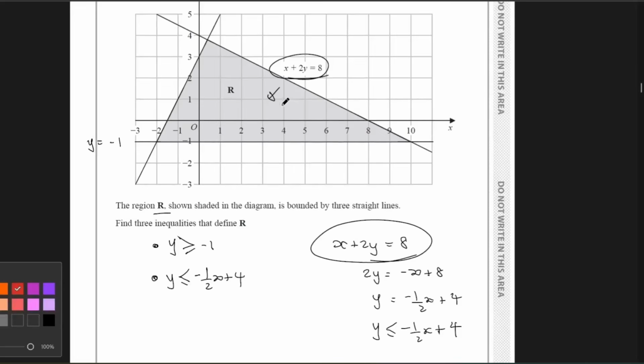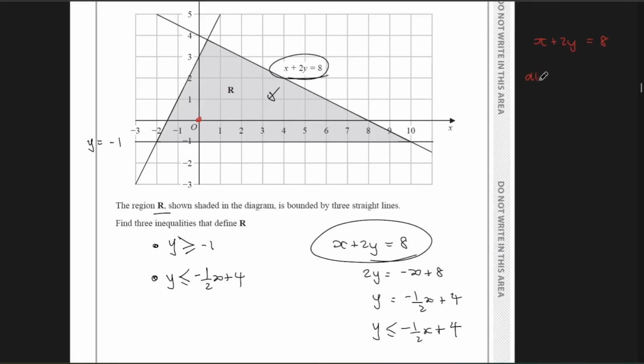There's another way to define the region using the same line without changing the equation in the form y equals mx plus c. So what we do is we will write x plus 2y equals 8. And then we'll choose a point that lies in the region. In this region, we can see the origin lies, and it is the easiest point to choose. So we'll just substitute the origin coordinates into this equation.